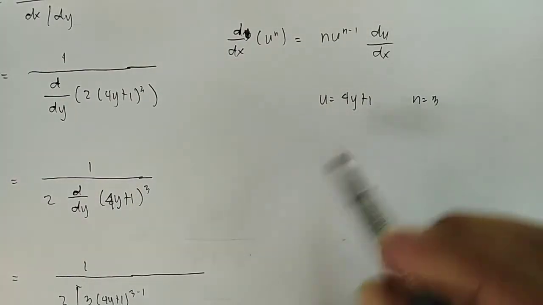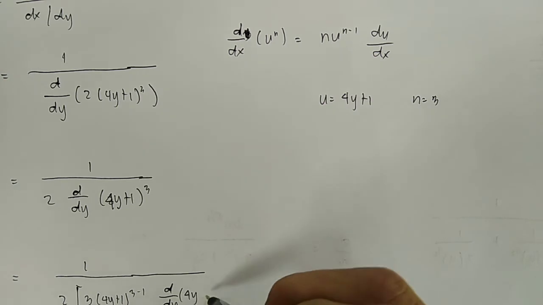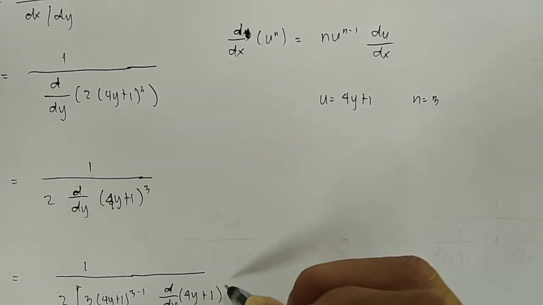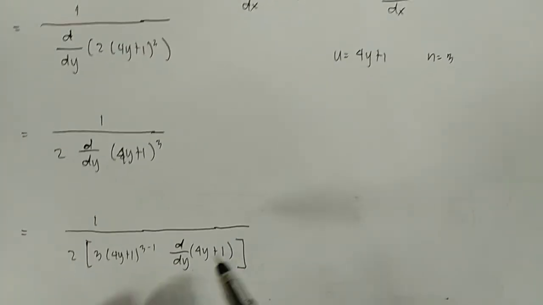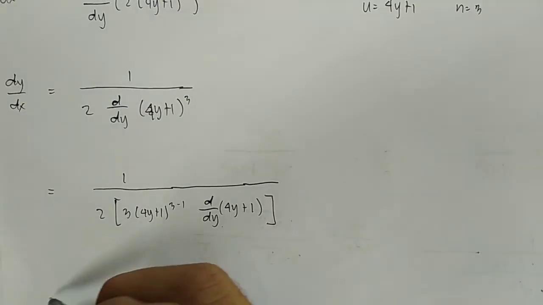So derivative of u, so derivative of the inside function 4y plus 1. So yan yung paraan kung paano kunan ng derivative kapag may power tayo. So gamit ang power rule.